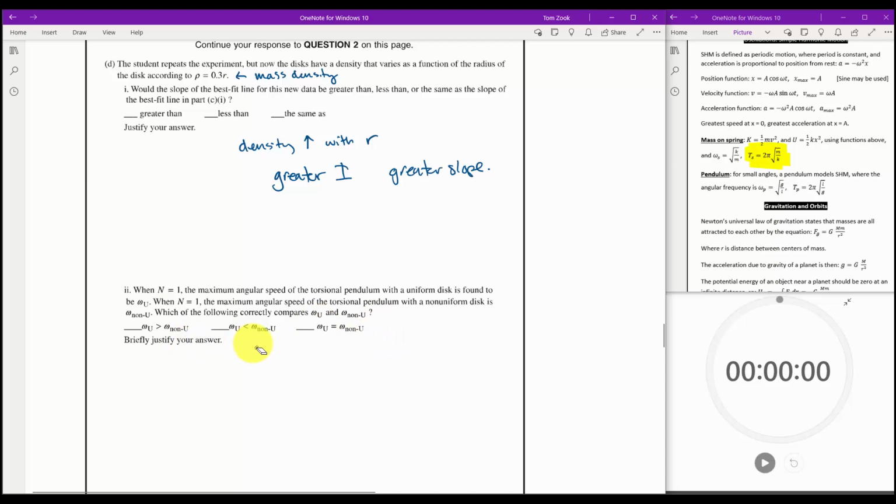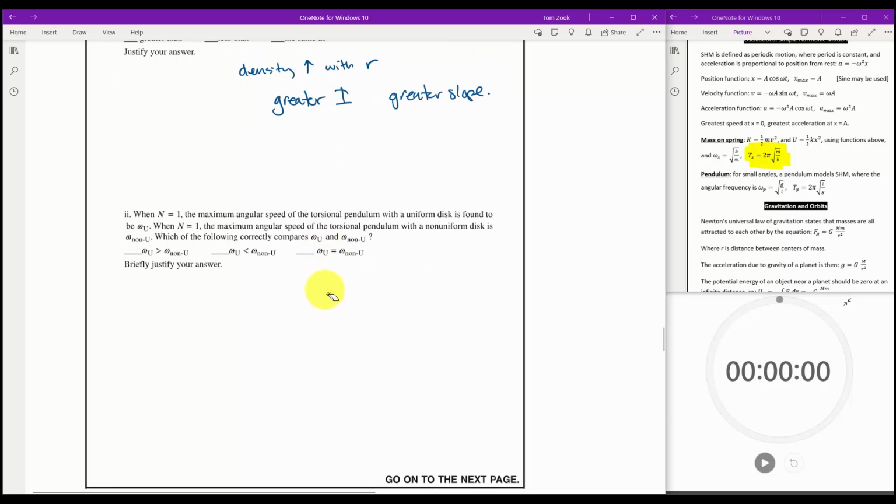At this point, you could guess, I guess, if the non-uniform density has a greater rotational inertia, because as you go farther out, it's more dense, that it would be harder to rotate. So it should be quicker when you don't have the non-uniform disc.